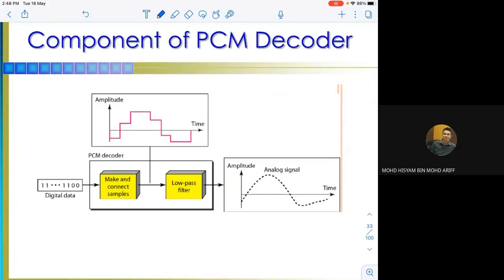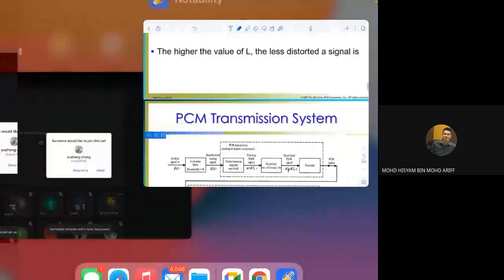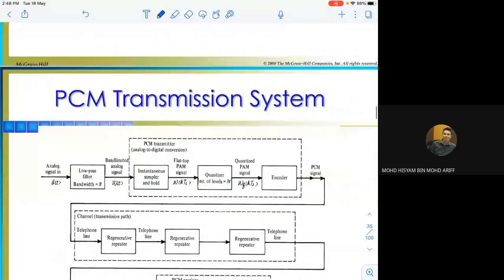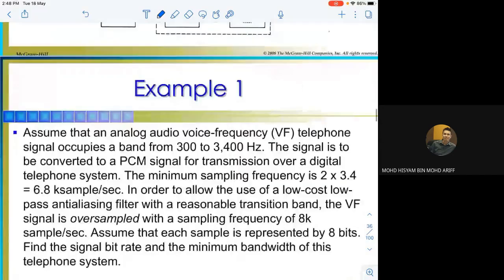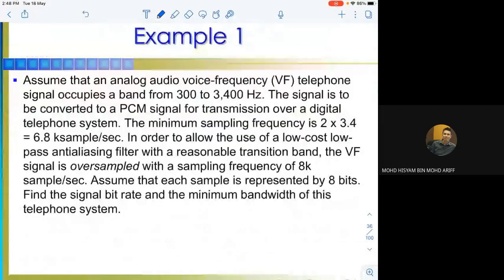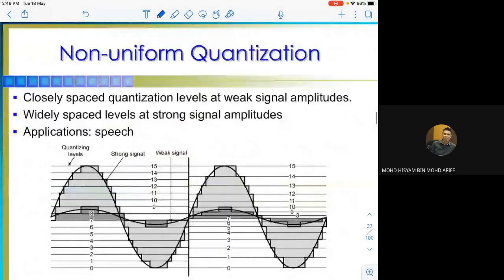Okay. PCM decoder, same thing. PCM transmission system. Example 1. I think I will give you another example.